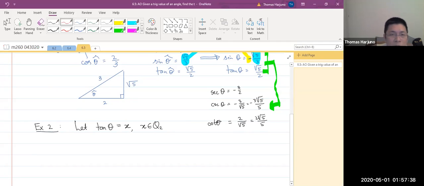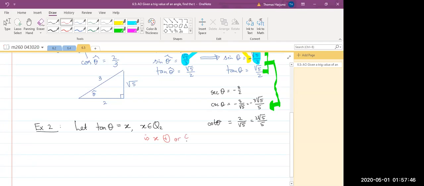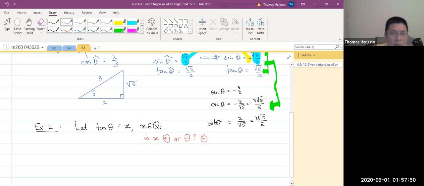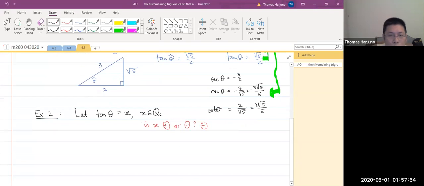Side question: is x positive or negative? Negative. Yeah, it's negative. Okay, so x is negative. Now what I will do is take a look at the reference angle. Once the angle is not an acute angle, do the reference angle.